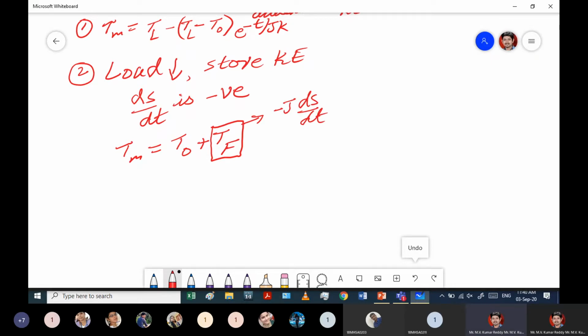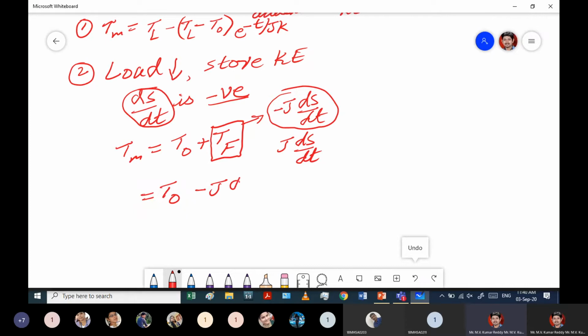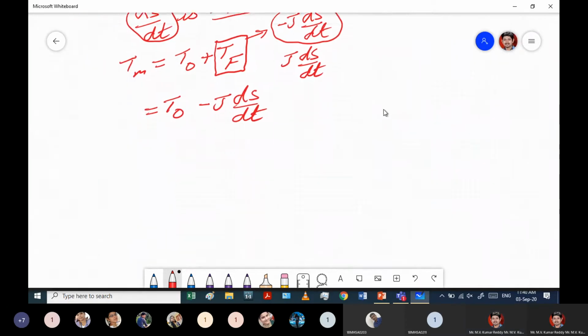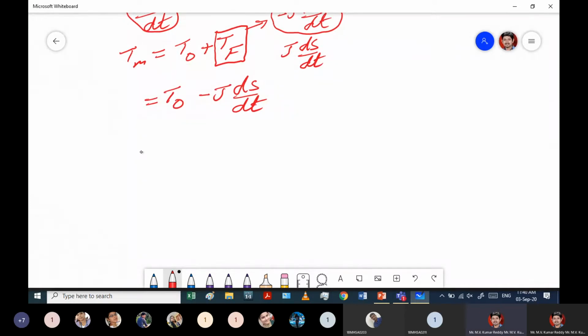This is the direct formula. In the first derivation, the formula is J into ds by dt, but here ds by dt is a negative value. Hence the value is minus J into ds by dt. Now substitute this value: T naught minus J into ds by dt.